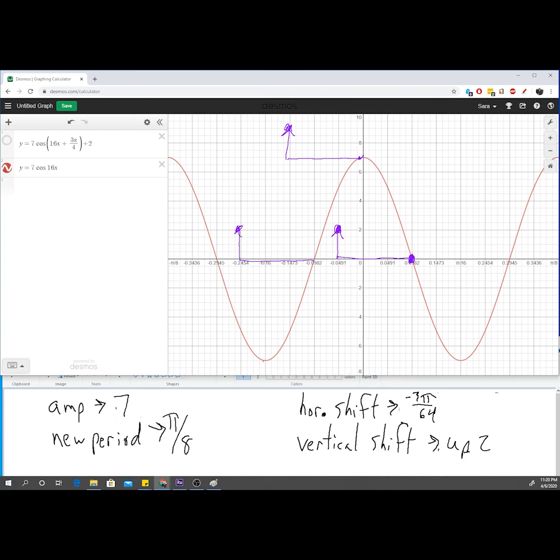I'm going to move it over 3 pi over 64. I'm going to move it up 2. And you see our pattern emerge here. Let's do this one. Over 3 pi over 64, up 2. Now I do promise I'm not going to give you any that have as complicated numbers as I have right now. So don't worry about that.